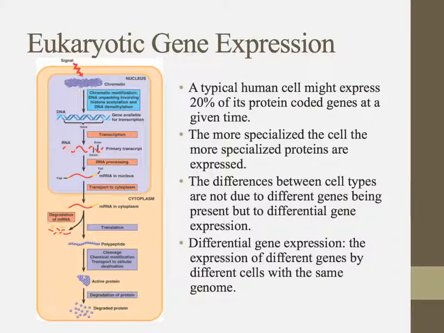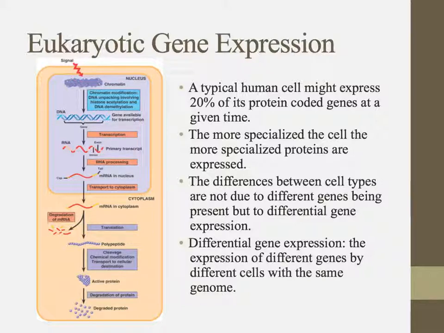Alright, so that was 5.1, and now we're going to talk about eukaryotic gene expression. A typical human cell might express 20% of the proteins that it can code for at a given time. And the more specialized the cell is, the more specialized the proteins are going to be.